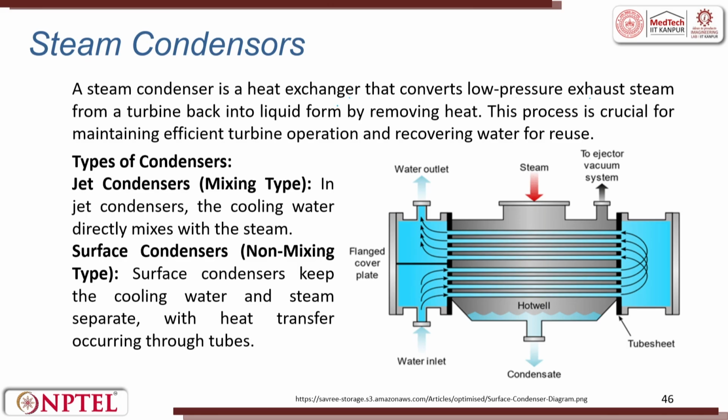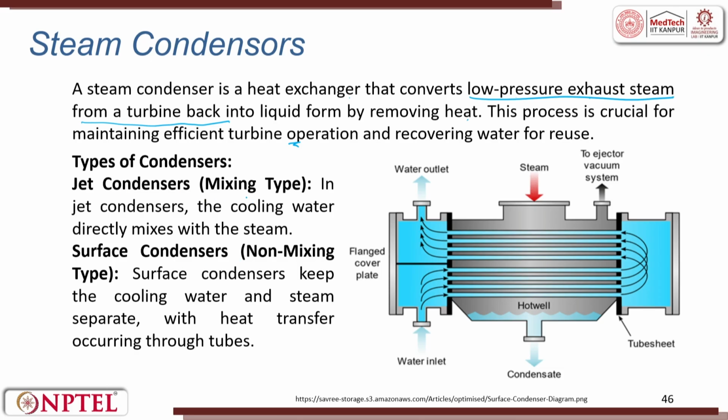This process is crucial for maintaining the efficiency of the turbine operation. This is very important. There are two types of condensers: one is called a jet condenser, the other is called a surface condenser.